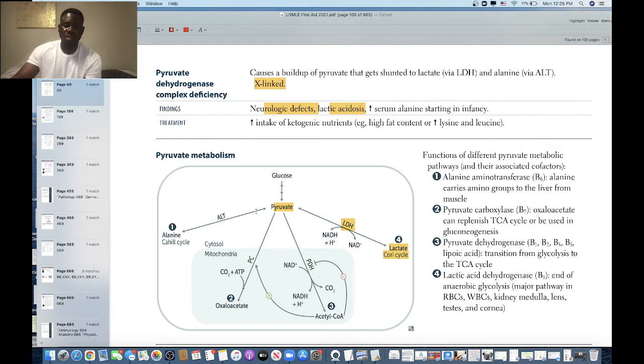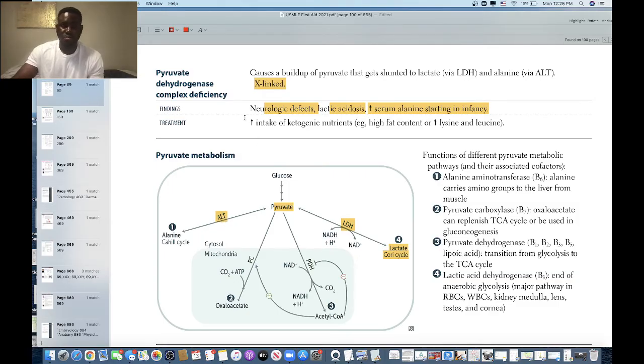Also it can be converted into alanine, right? So they say increased serum alanine starting from infancy, and it never goes away. If we lack this, we'll have more of them going to alanine. That's ALT, right? Serum alanine, ALT. ALT is alanine aminotransferase, ALT, AST, ALT.